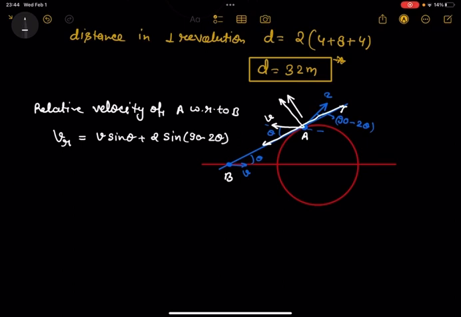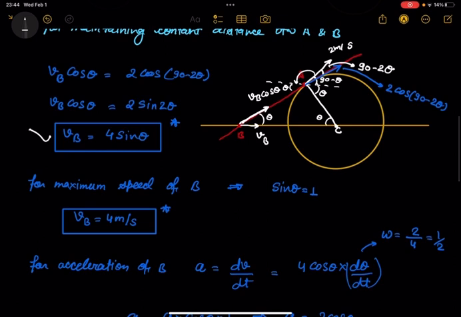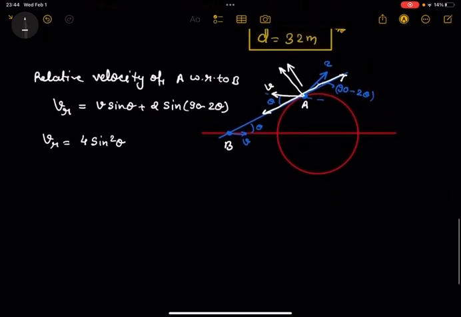If I am talking about the maximum speed, then it is 4 sin²θ. Why? Because V I calculated already, it is 4 sin θ. So it is 4 sin θ into sin θ, that is sin²θ, plus 2 cos 2θ.